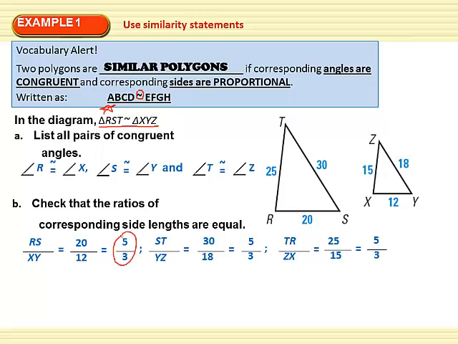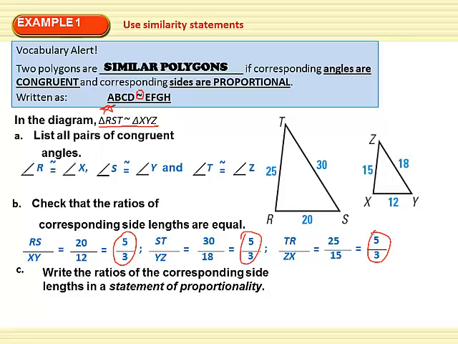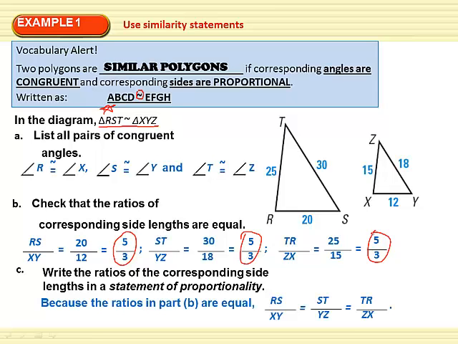Since all of the angles are congruent and all the sides are in proportion, having the same exact ratio, 5 thirds, 5 thirds, 5 thirds, you have to write the ratios of the corresponding side lengths in a statement of proportionality, which means that you have to write RS is to XY as ST is to YZ, as TR is to ZX.